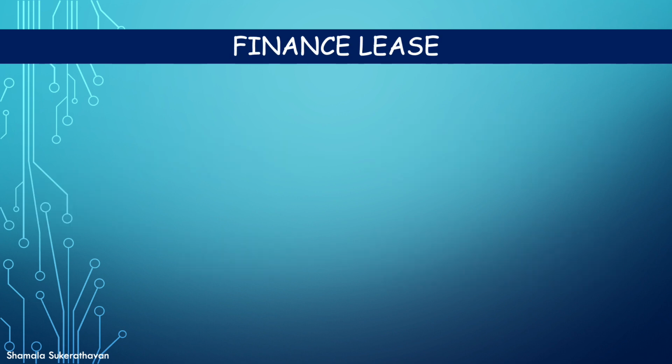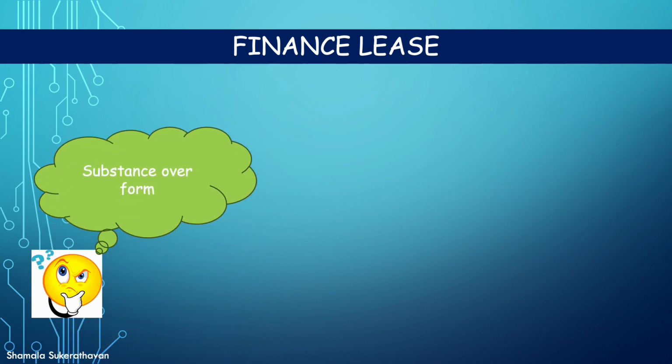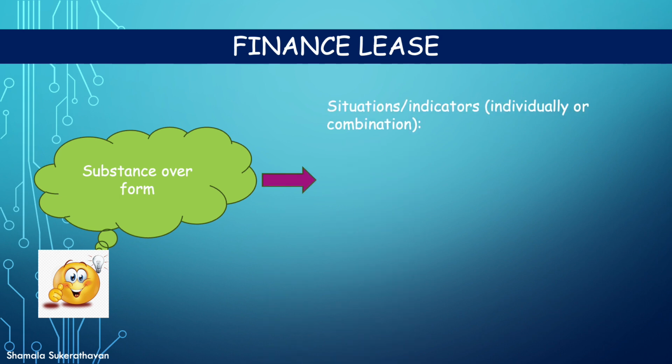On the other hand, an operating lease is a lease that does not meet the definition of a finance lease. In assessing if a lease is a finance lease, it depends on the substance of the transaction rather than the form of the contract. IFRS 16 states a lease is probably a finance lease if either individually or in combination the following apply. 1.